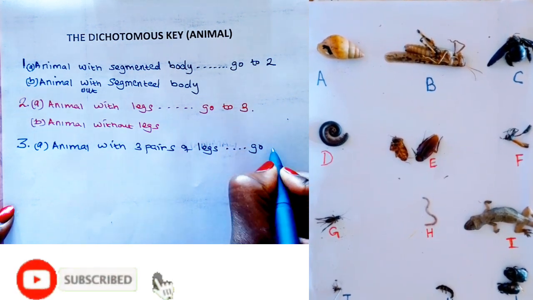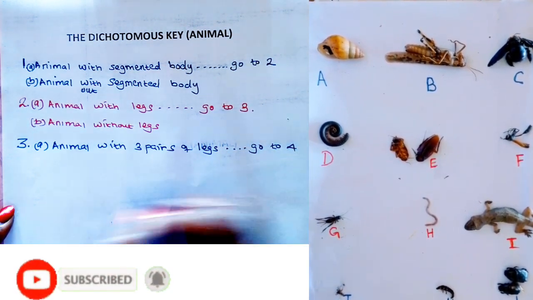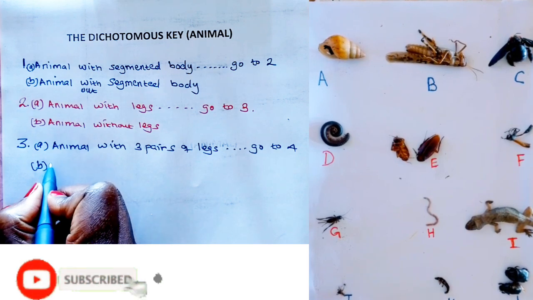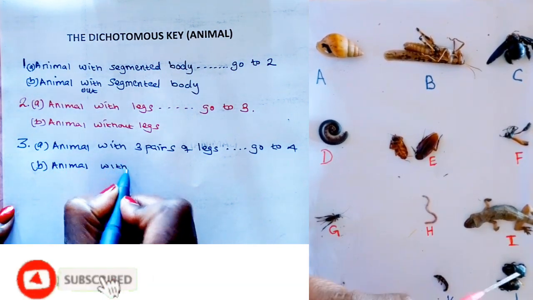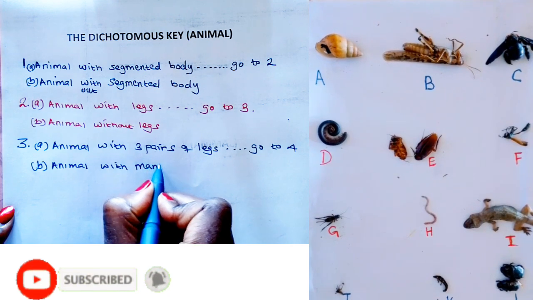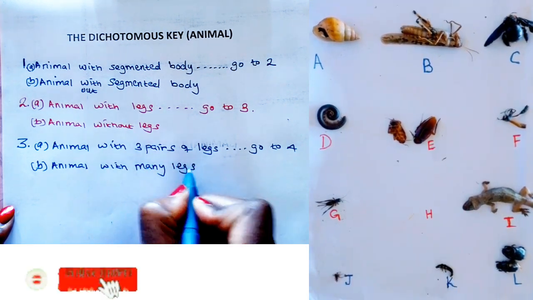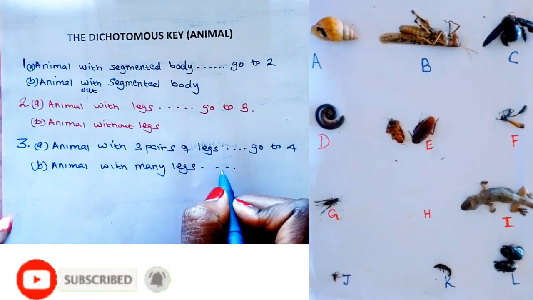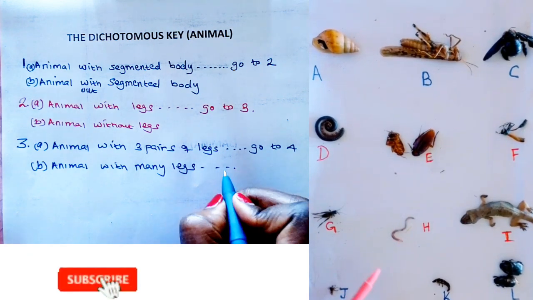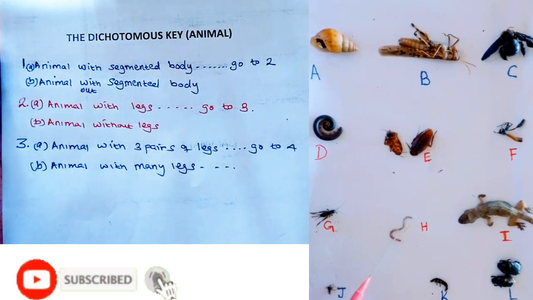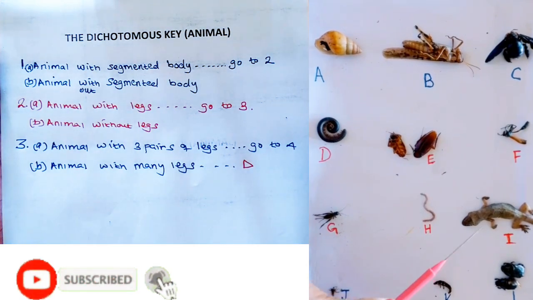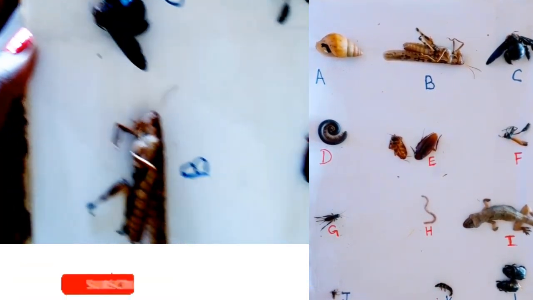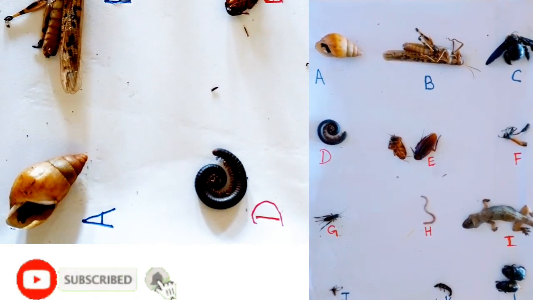Go to 4. Part B, animals with many legs. This is, with many legs, the animal or specimen D. It's the only organism with many legs.